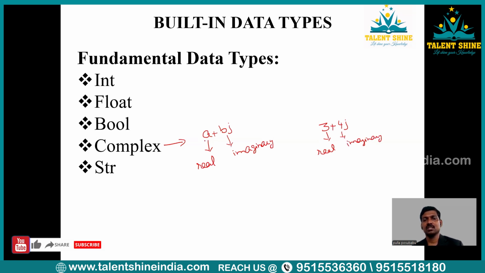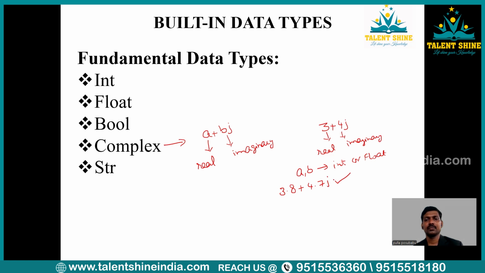In A plus Bj, A and B might be integer values or they might be float values. Let me give another example for the complex number: 3.8 plus 4.7j. Here A and B are float values, which is acceptable, right?